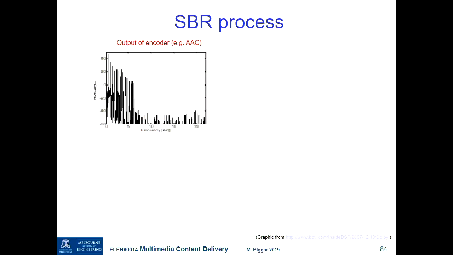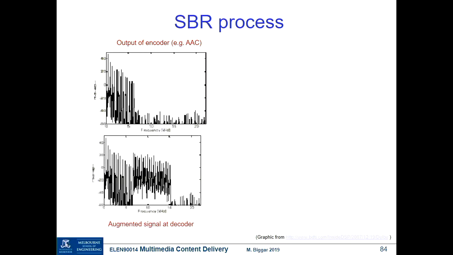So looking at some spectral diagrams, pretty poor reproduction, sorry, but this is the only source I could easily find. The output of our encoder is shown here. So this is the AAC encoder. It's encoded only the low frequency components. At the decoder, we use this low frequency data to augment and generate a high frequency version.